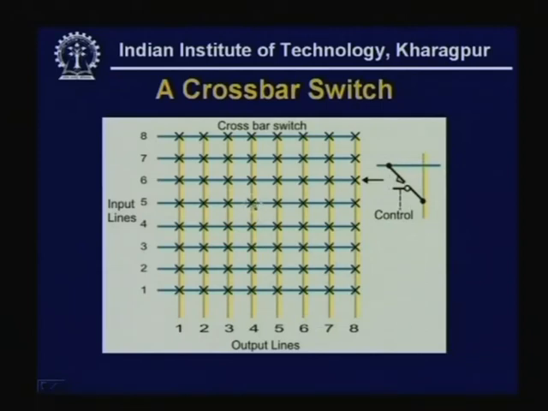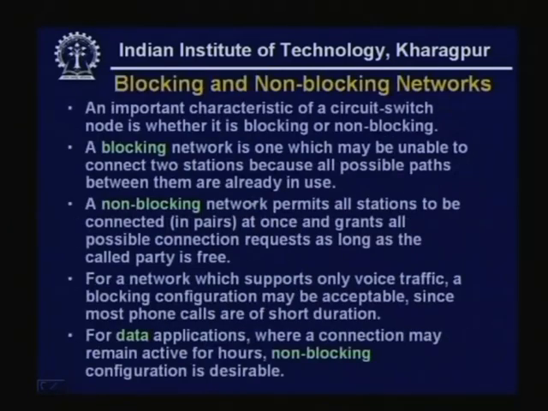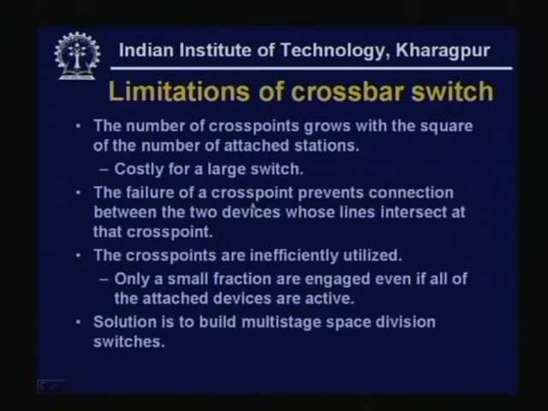If this becomes faulty, it is not possible to connect 5 with 4. So, 5 and 4 cannot be connected if this becomes faulty. Even when 4 is not busy, the connection cannot be established between 4 and 5 if there is a fault here. So, the failure of a cross point prevents connection between the two devices whose lines intersect at the cross point.